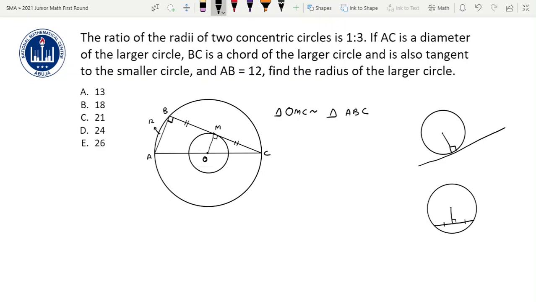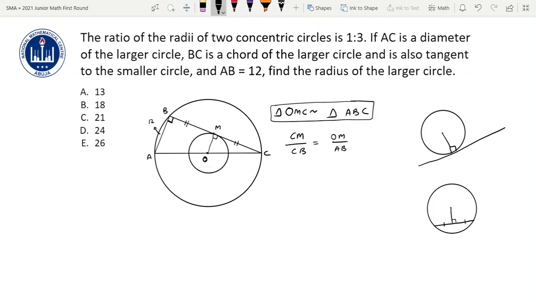And since that's the case, CM divided by CB is going to be equal to OM divided by AB. You can get that from this similarity that we have here. So we have CM over CB equal to OM over AB.